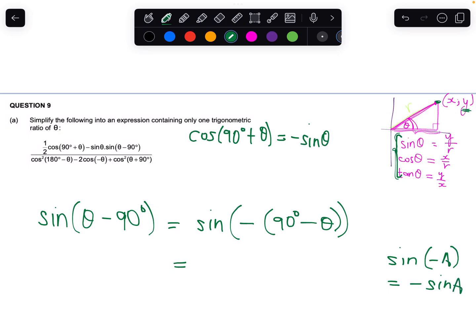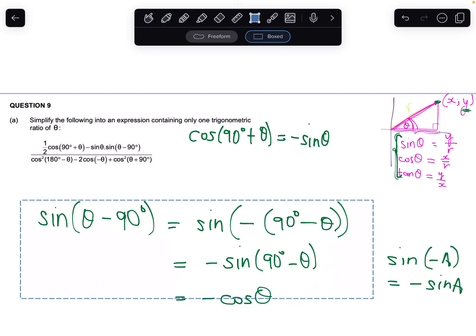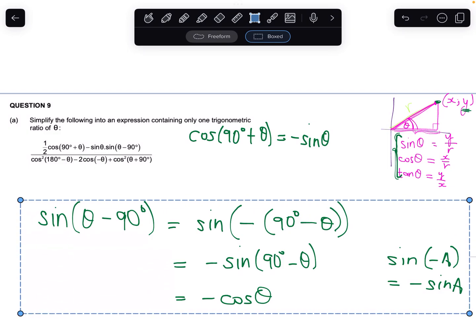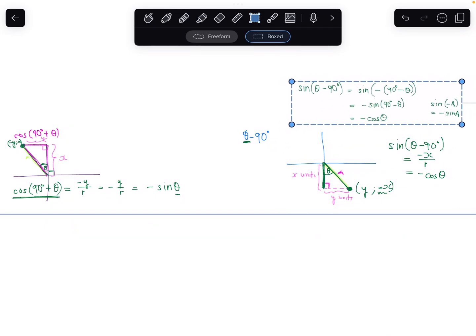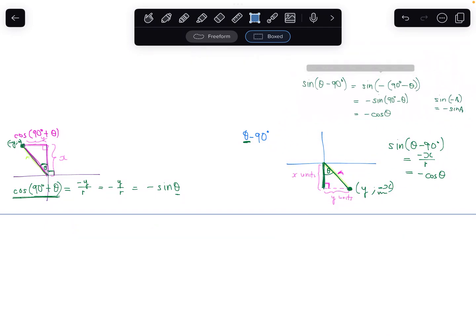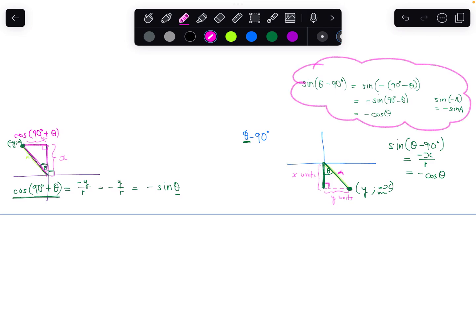That's another reduction rule we know, so this would be minus sine of 90 minus theta, and then we know that this is the same as cos, so this is the same as minus cos theta. So arguably a faster way to get to the answer, however, requires more memorizing. Okay, so this is just another route that we could take. So option 1 and option 2.